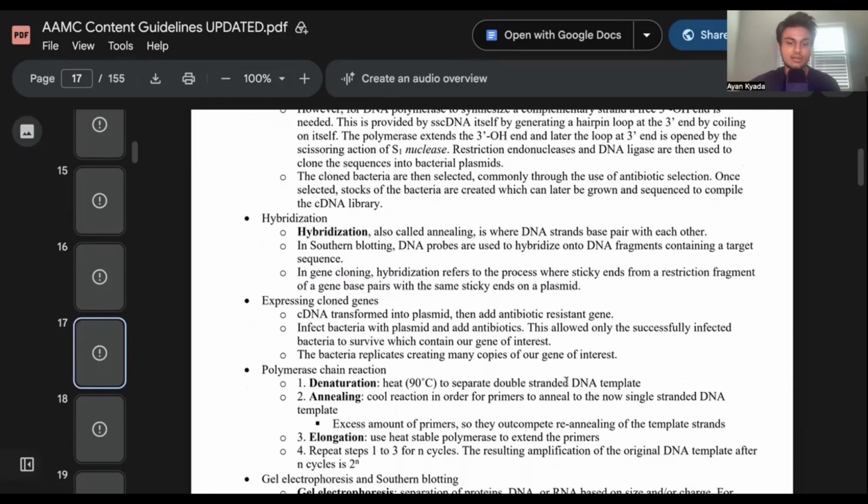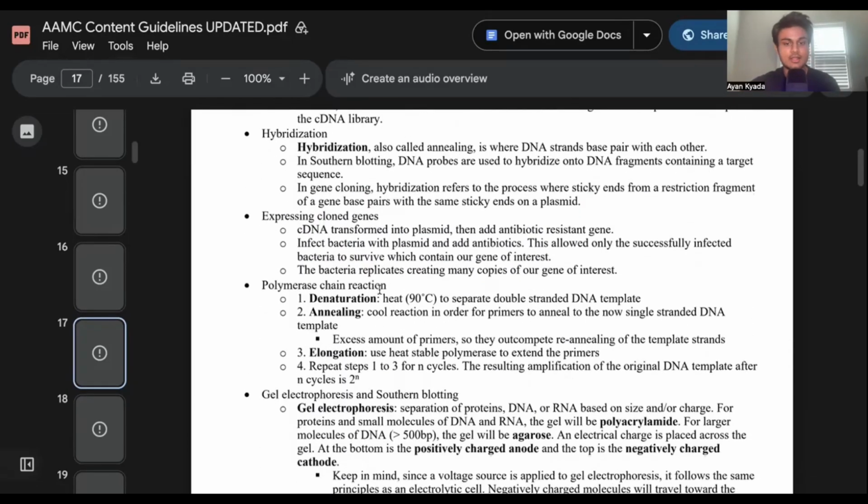But we're going to keep chugging along into our first main laboratory technique known as polymerase chain reaction, or PCR. This is a technique you definitely should have heard of and probably have some familiarity with, especially if you're involved in basic science research. It's such a common technique because it's a very, very useful way to amplify your original DNA.